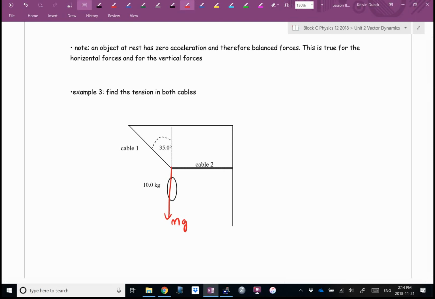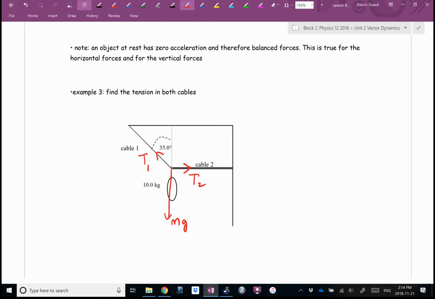How many tensions then do I have? I'll call this tension 1 to go with cable number 1. I'll call this tension 2 to go with cable number 2. There's my free body diagram.